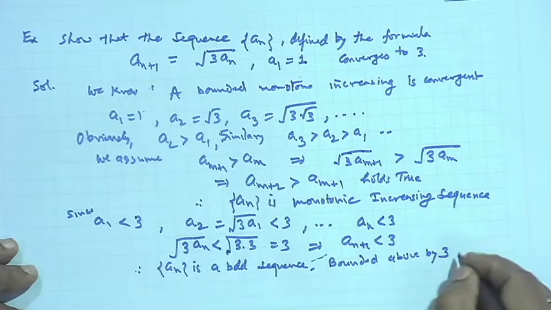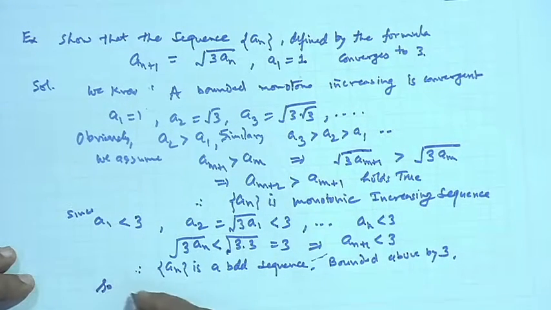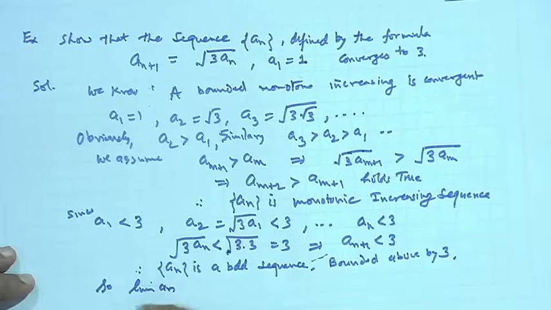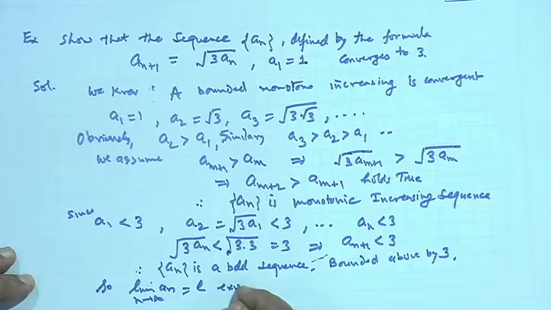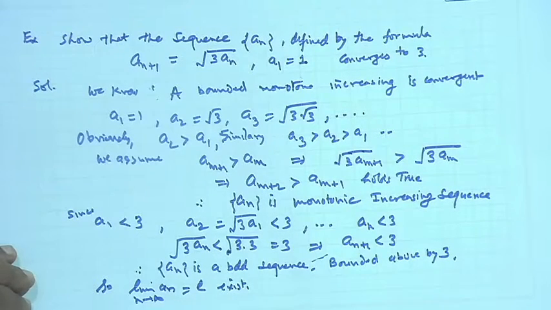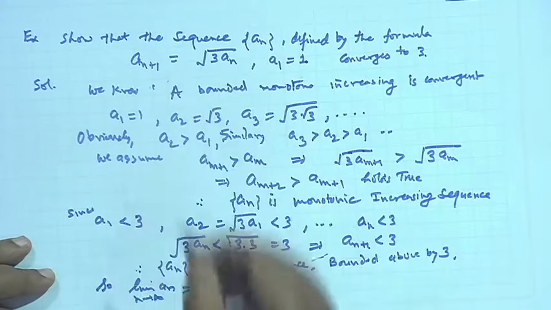So, by the above theorem, the limit of an as n tends to infinity, say L, will exist, by the result that every bounded monotonic sequence bounded above is convergent, has a limit L. So, now start with this.